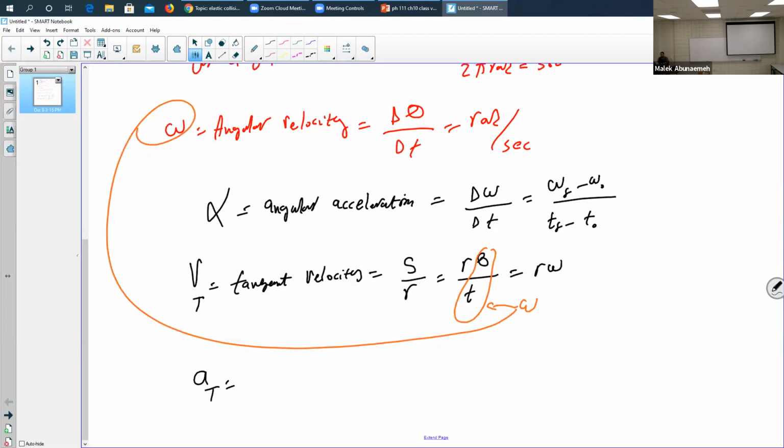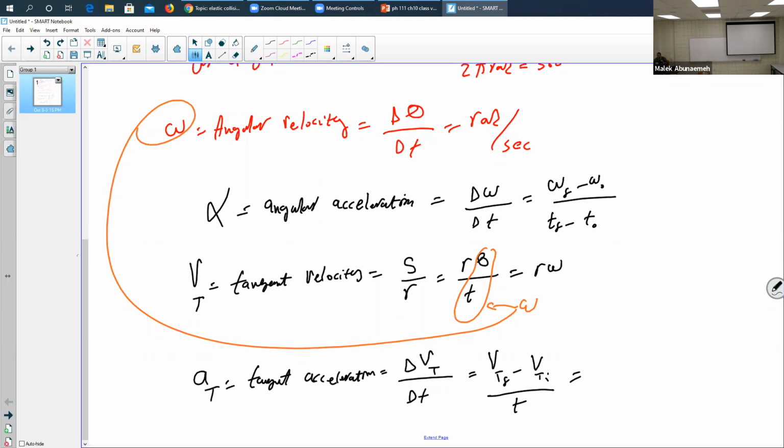Same thing: if you have a tangent velocity, you're going to have a tangent acceleration. It's the change in tangent velocity over change in time, which is tangent velocity final minus tangent velocity initial over time.